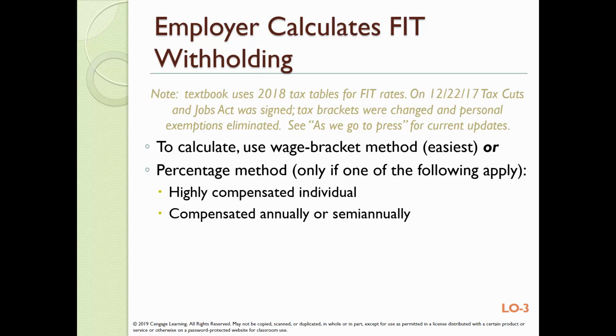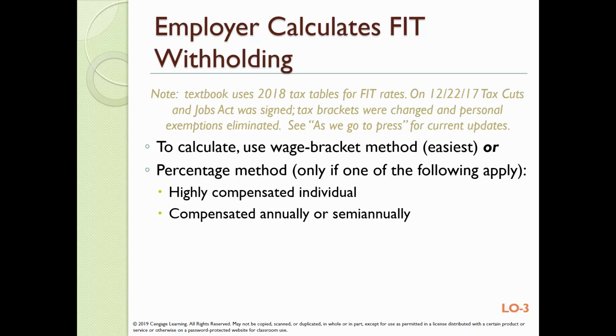The wage bracket tables are all the way in the back, on page T-5. Does everybody have a book? If you go to page T-5, these are the wage bracket tables. They're super easy, and we're going to practice using those.